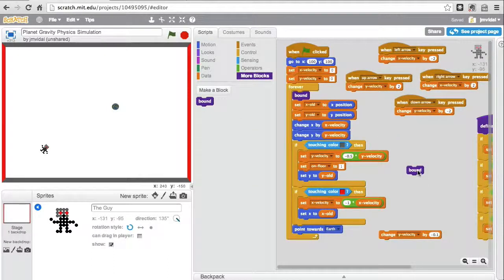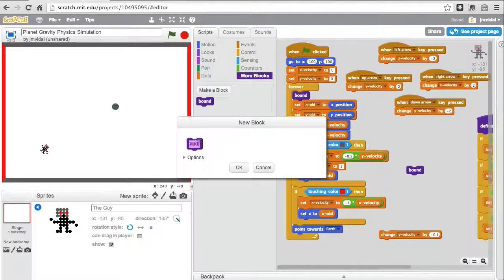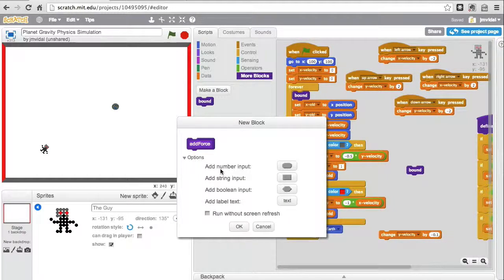And let's say I call it add force, make block. I'm gonna call it add force, and I'm gonna have it take two number inputs. One is gonna be the angle, that's the direction, and the other one is gonna be the magnitude.